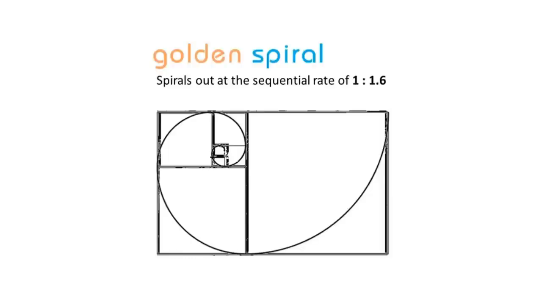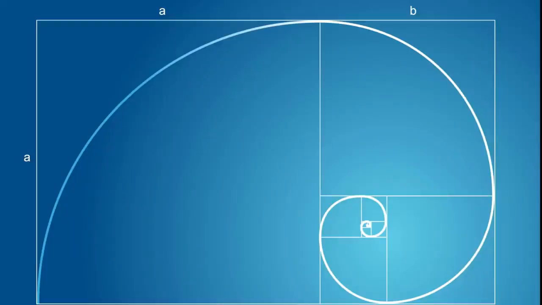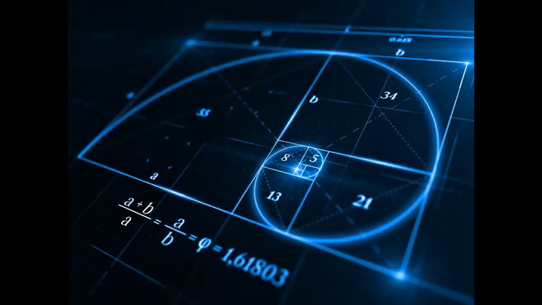If you divide each with an arc, then the pattern begins to take shape. We see Fibonacci's spiral, the spiral in and of itself. A spiral, spiraling out at the sequential ratio of 1 to 1.6.